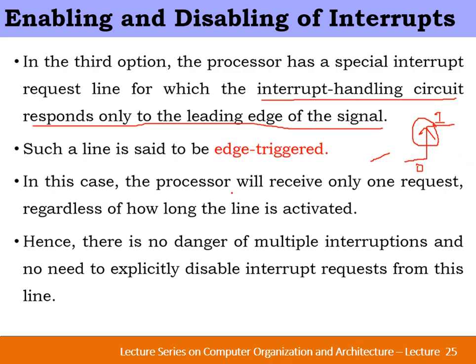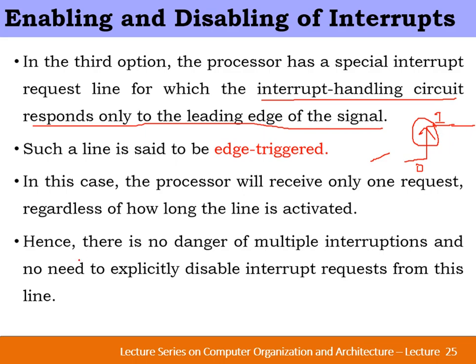In this case the processor will receive only one request, regardless of how long the line is activated. The length of this line can be anything. The line can be activated for any time duration, and that doesn't matter. The only thing that matters is the edge triggering.